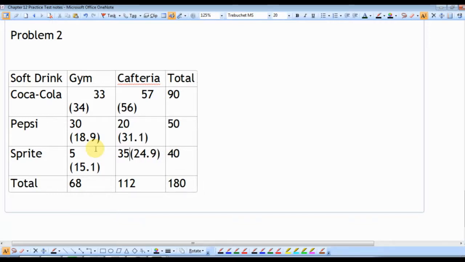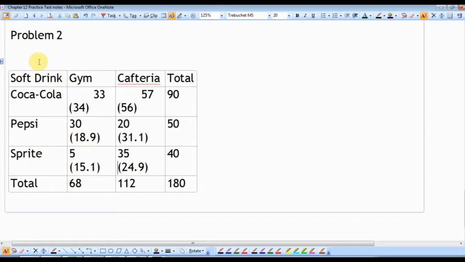Those values are not that close at all. So we're looking at Pepsi and Sprite. There seems to be some kind of an association here with Pepsi and Sprite. So that concludes part A.